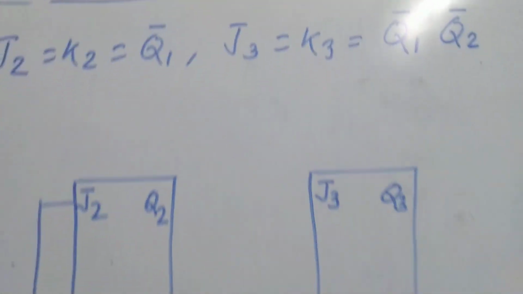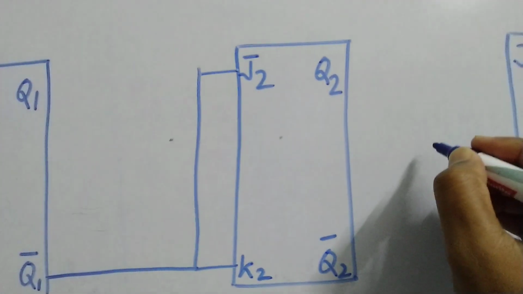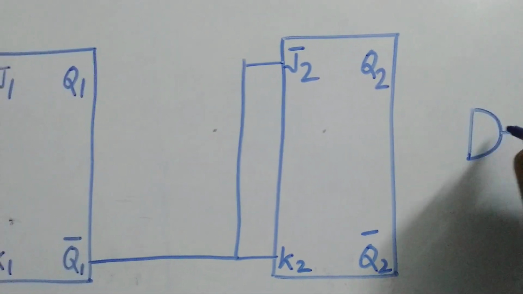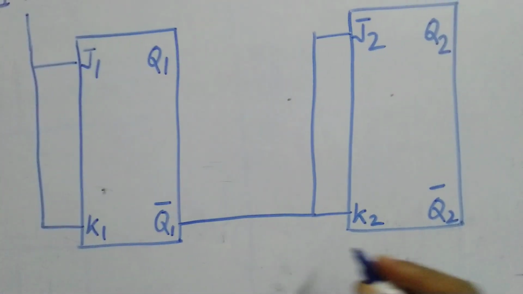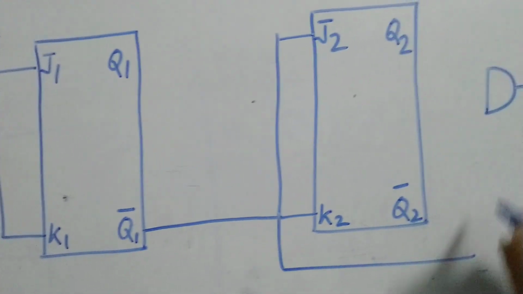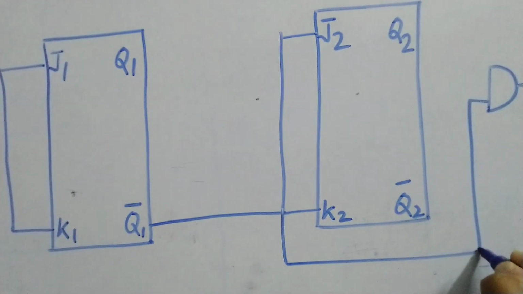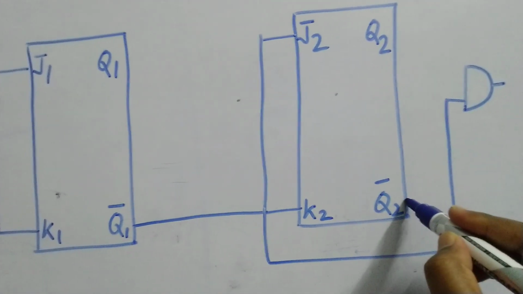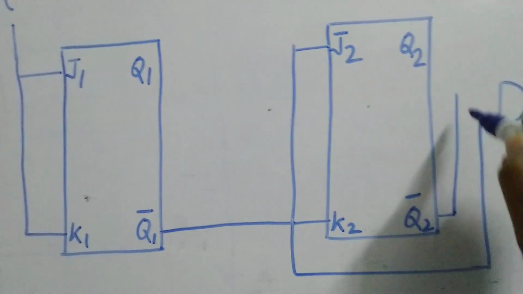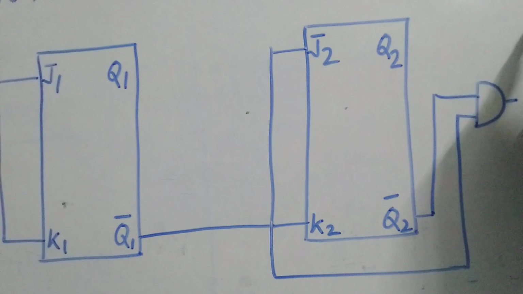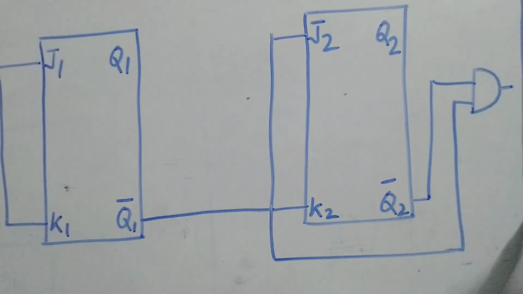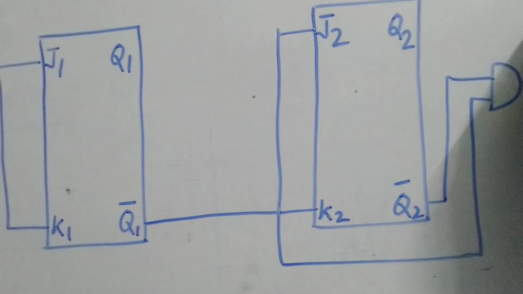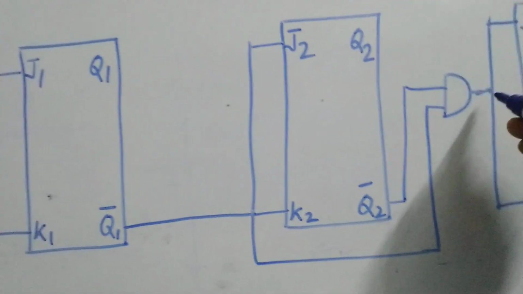So there is an AND operation. So an AND gate is like that here. Then this is Q1 bar and here it is Q2 bar, and the output of this AND gate is connected with J3 and K3.